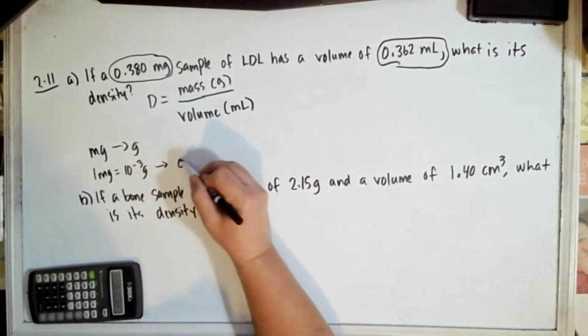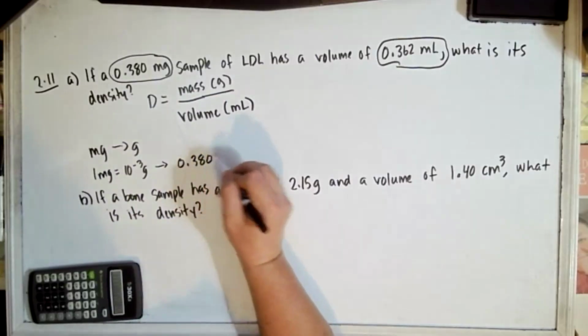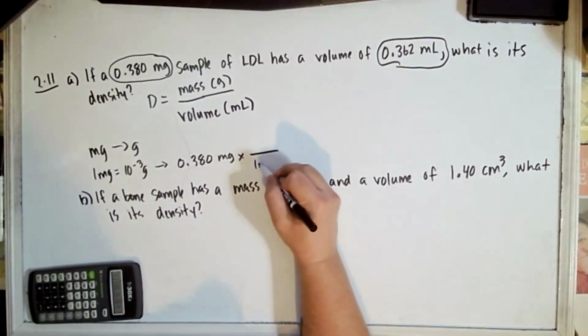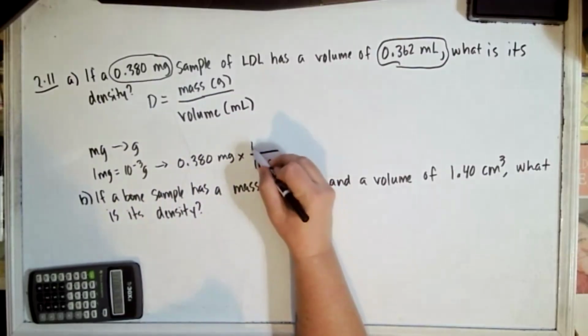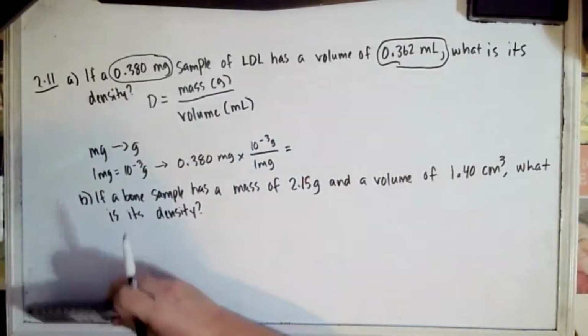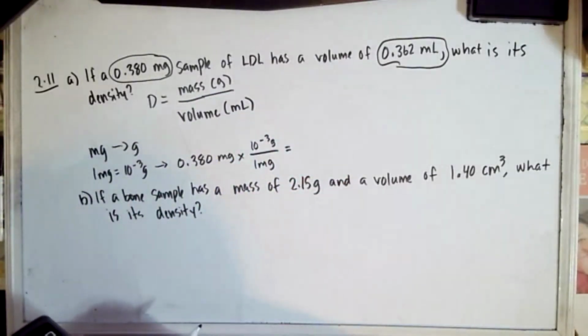So if I have 0.380 milligrams, 1 milligram, just put this in here so I don't confuse the decimal movement.